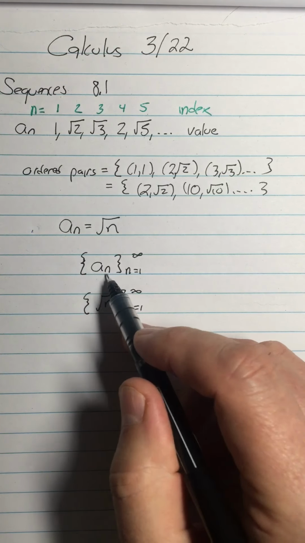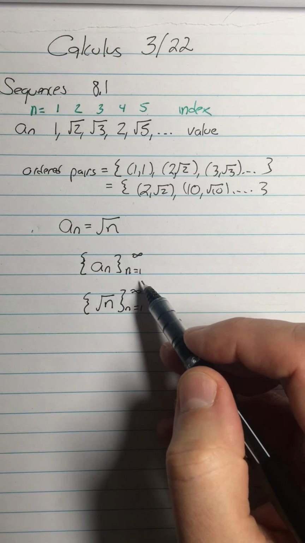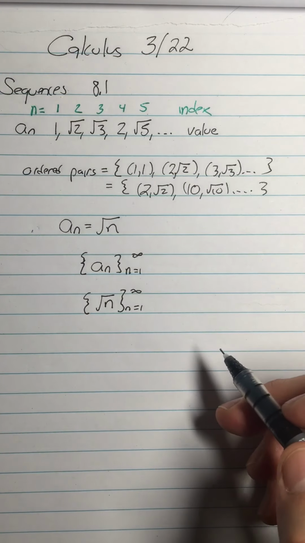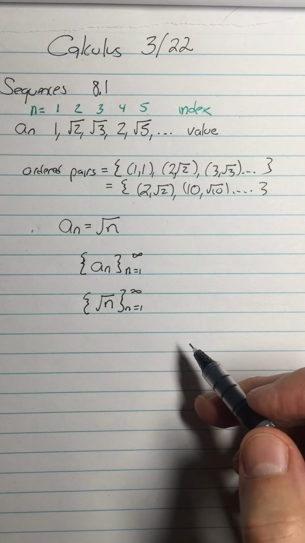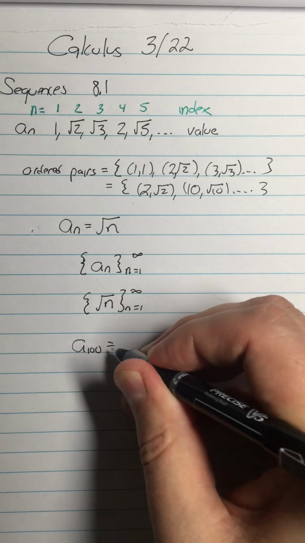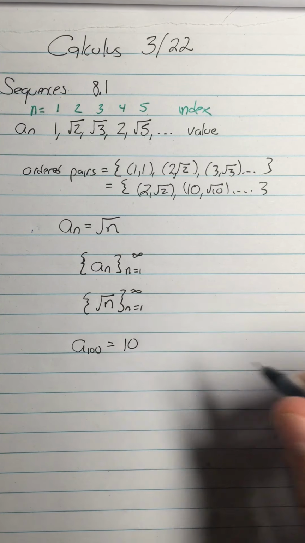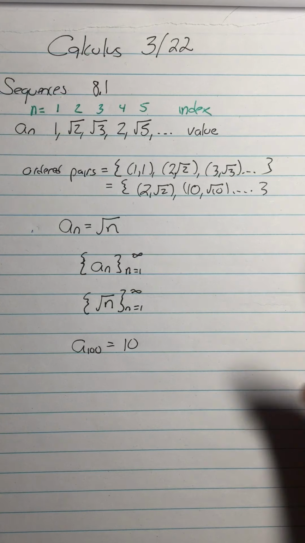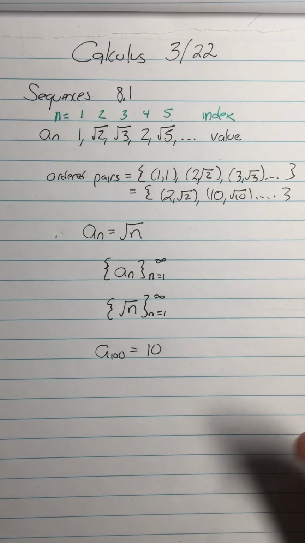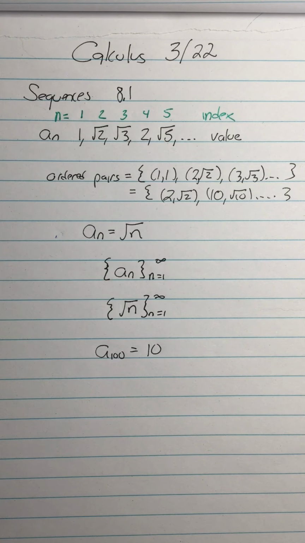So this is any sequence of numbers a sub n as n goes from 1 to infinity. This is the particular sequence that we wrote here, square root of n as n goes from 1 to infinity. What else can we say? We can say things like a sub 100 is equal to 10 for this particular sequence. All right, so those are some things about sequences. So next up, we're going to talk about some special sequences and some properties that they have.